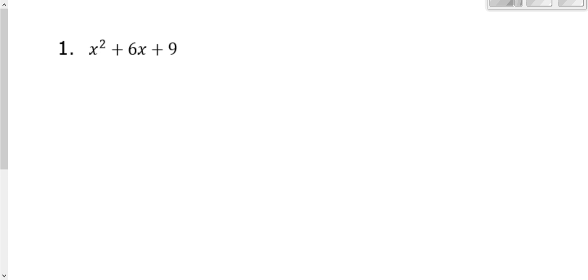Okay, so we are going to factor the following using different methods. So looking here at number 1, I have x squared plus 6x plus 9. I'm going to look for some of the patterns that we talked about before. So first I notice that this is a perfect square.